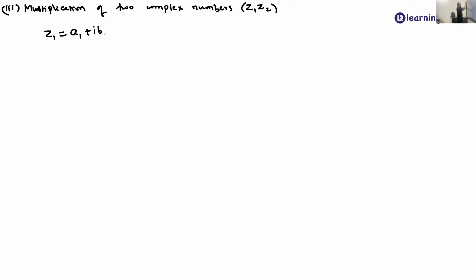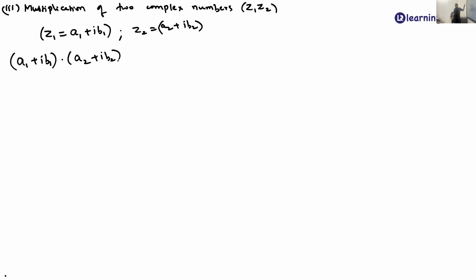A1 plus I times B1, and Z2 is going to be A2 plus I times B2. So Z1 into Z2 will be basically A1 plus I times B1 into A2 plus I times B2.